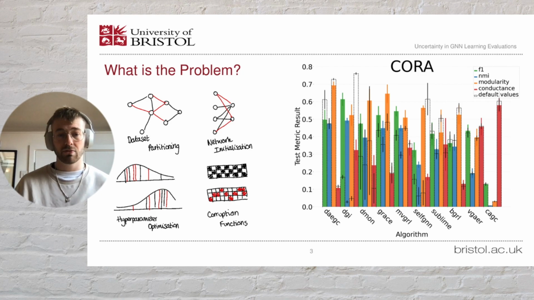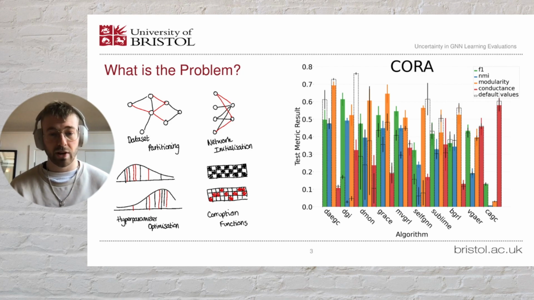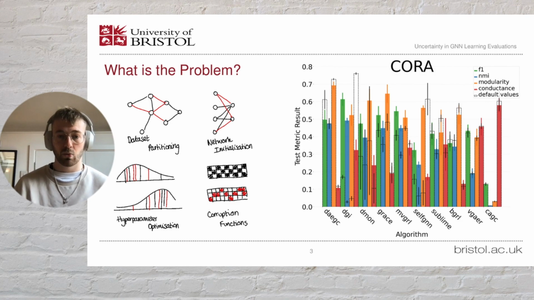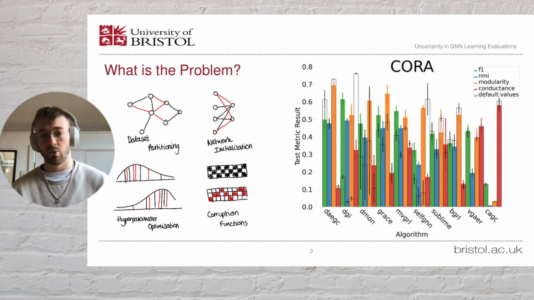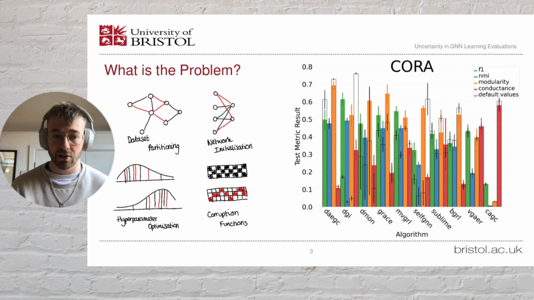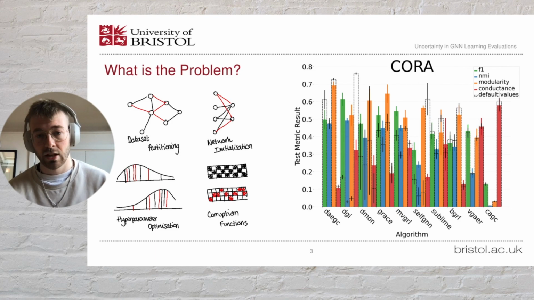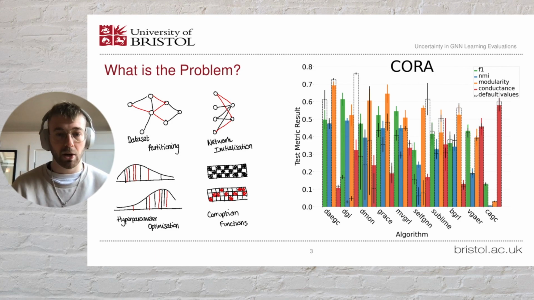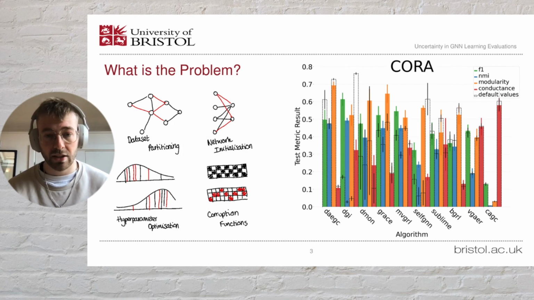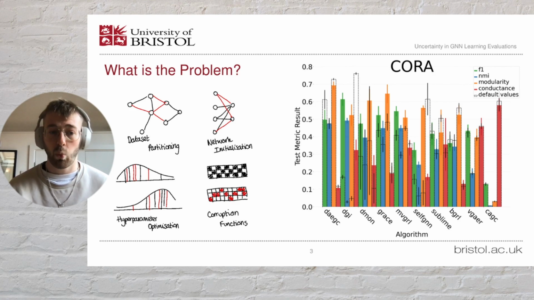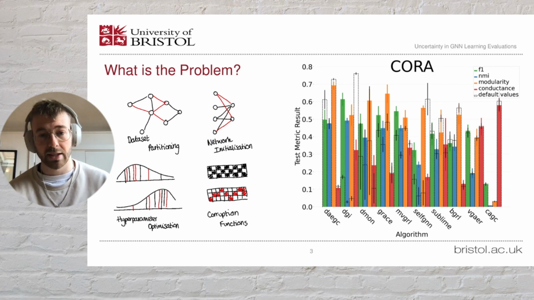So if we look to our graph, what I'm trying to illustrate here is that all of these different algorithms on this particular data set have very different results with the hyperparameters that we found through a hyperparameter optimization and the default hyperparameters given by the dashed lines. The error bars are the variation due to a random seed, and as we can see, it's very clear that depending on the random seed you use, you get widely different performance rankings.